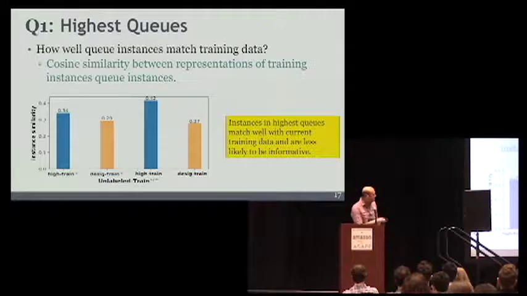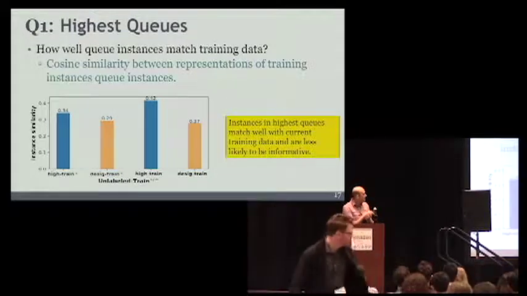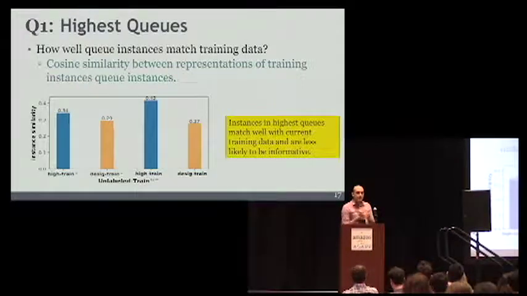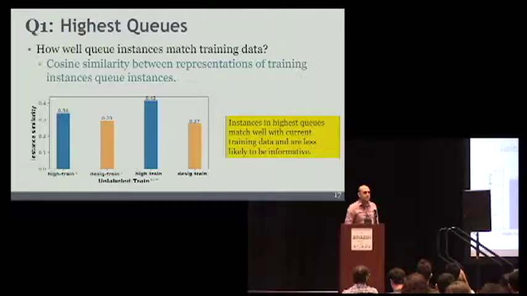As you can see here, the blue bars, the first and third, are the average similarity between instances in the highest queue and the training data, and the orange ones, the second and fourth, are the corresponding values for the designated queue. Instances in the highest queue match the training data much better, and that might explain why they are less informative than those in the designated queue.